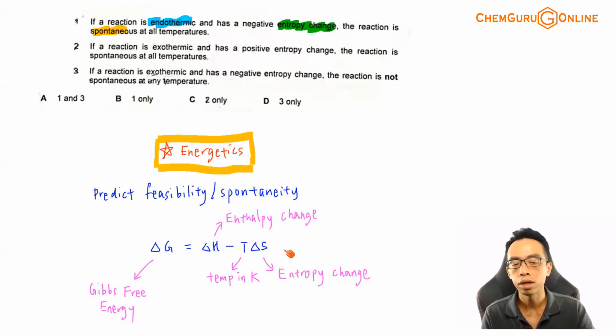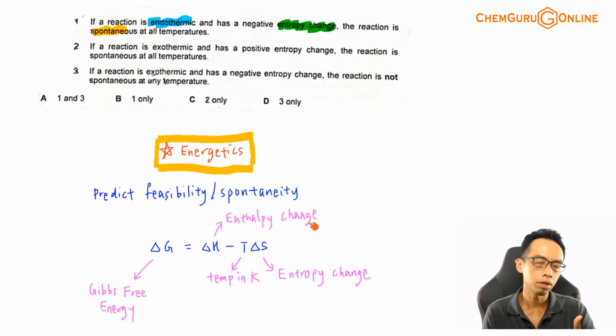So the signs of my delta H and delta S terms are all given. What we need to do is substitute into this expression and try to deduce what will happen to delta G. Is it always positive, always negative? Positive at higher temperature or positive at lower temperature? So based on changes of the sign of delta G at different temperatures, we can predict the feasibility or spontaneity of a process at various temperatures.